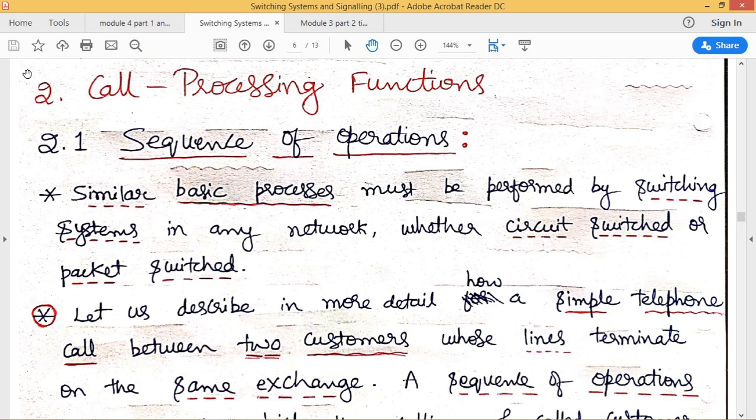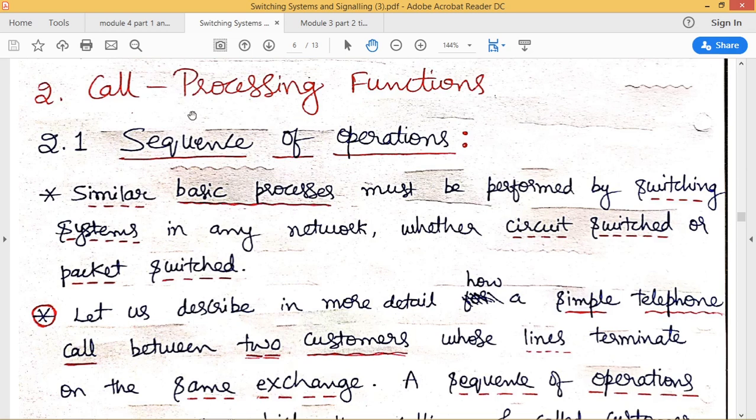Next, let us consider how call processing functions take place inside a switching system. If I want to make a call from one user to another user through a particular local exchange, let us say we have a local exchange to which many subscribers are connected. One subscriber wants to make a call to another subscriber through this local exchange.